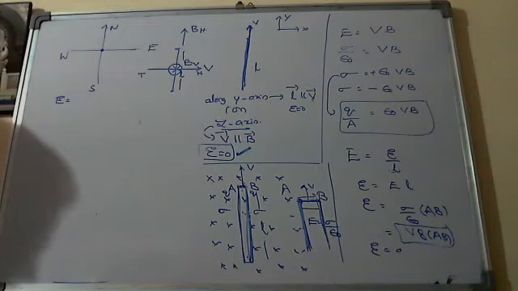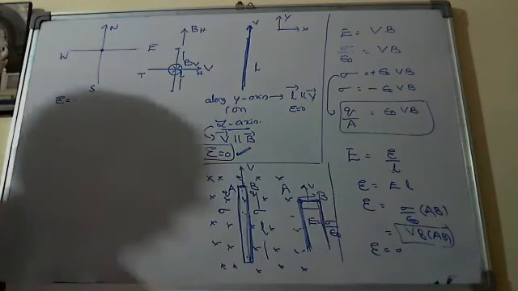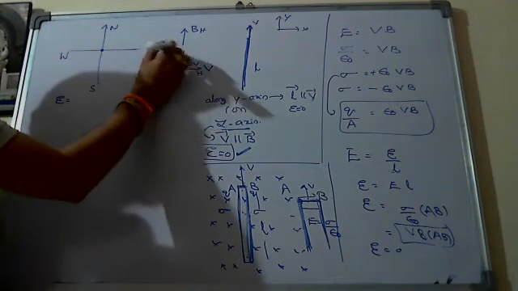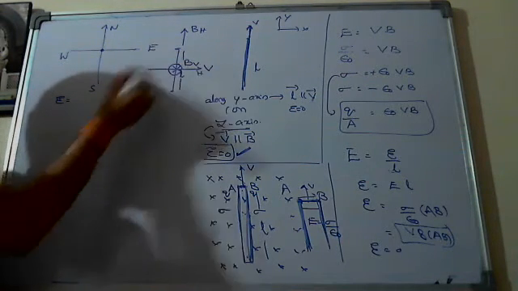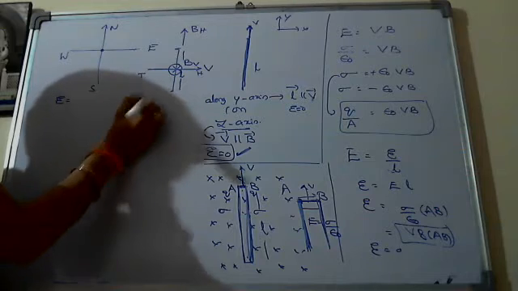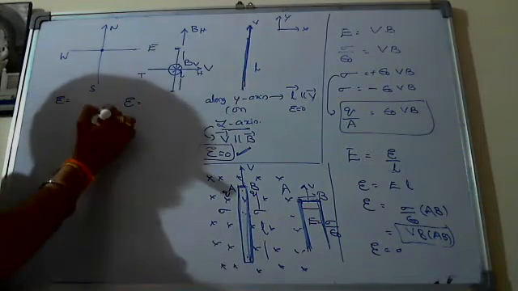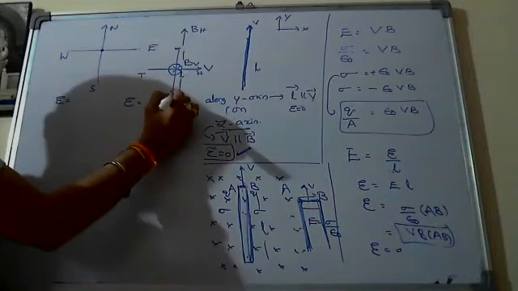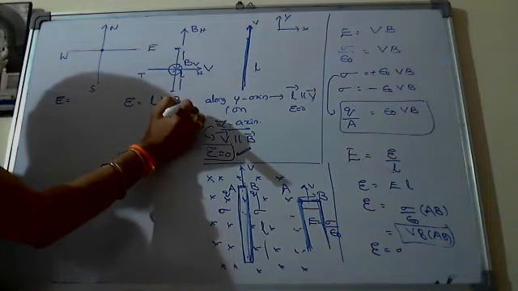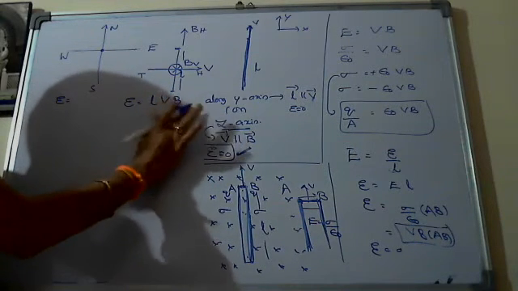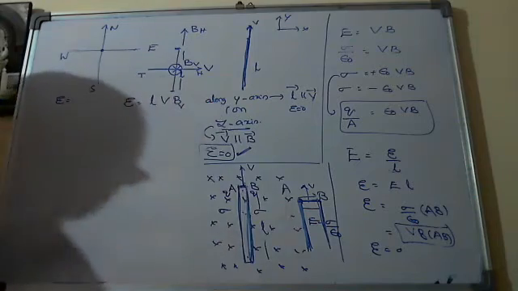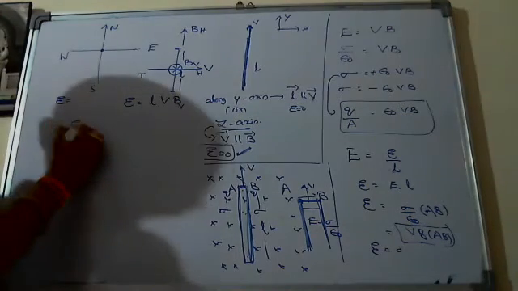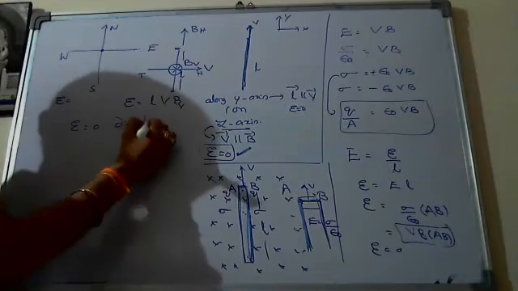BV. Due to BH, what you are telling is correct. Since BV is perpendicular to both length and velocity, some EMF will be induced across the ends of the wing. But that will be LVB, since all three are mutually perpendicular, not BH but BV. And you are saying that due to BH, the EMF induced is equal to 0.